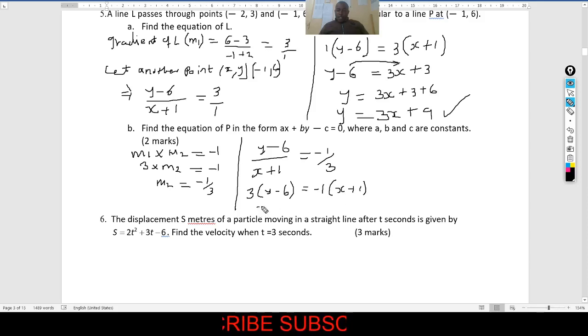We open the bracket, this gives 3y minus 18 equals minus x minus 1.